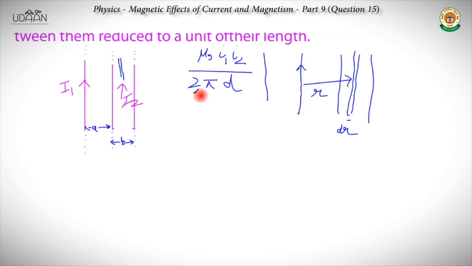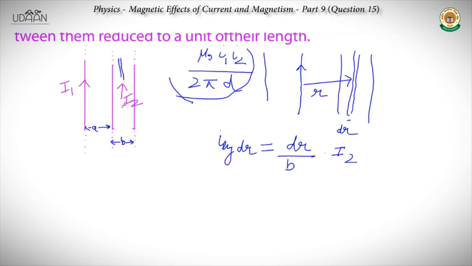Now we know the formula for the force of interaction between two infinite wires, and this is one infinite wire and this is another infinite wire. So basically the current carried by dr would be dr by b whole into I2.